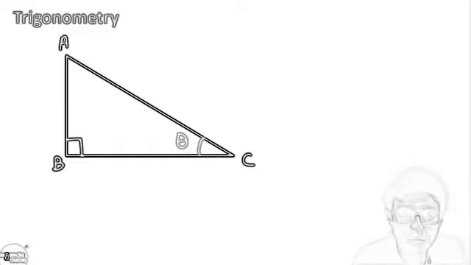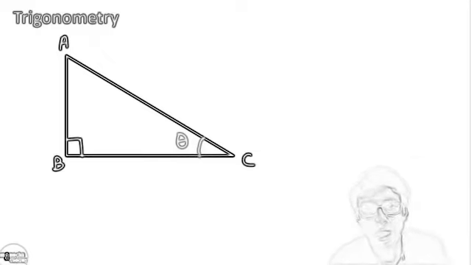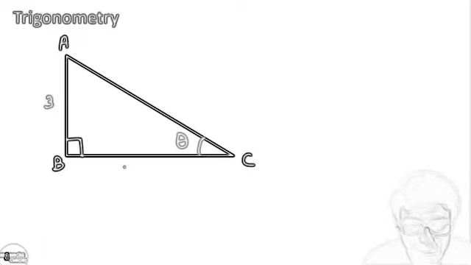Okay, and now let's take a look at what we can call these. What do we have here? We have a right angle triangle, and we know this angle theta, right? Okay, and now with the help of this, let's say we are given some sides. So let's say we know that this side is 3 and this side is 4.